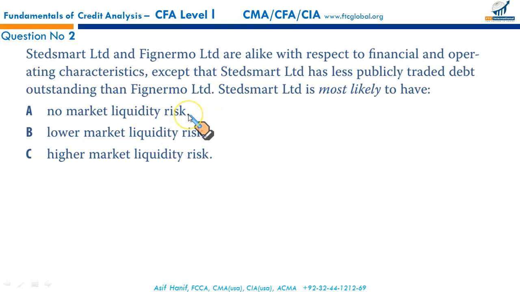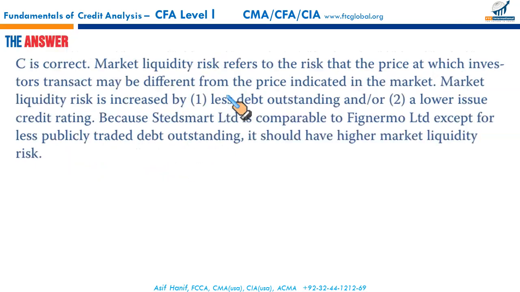No market liquidity risk at all? Wrong. For corporate bonds, publicly traded debts of corporations, there will always be an element of liquidity risk. Low market liquidity risk, wrong. Since it has less traded debt, it is going to have comparatively higher market liquidity risk than Finermo Limited. So that makes C our correct option.